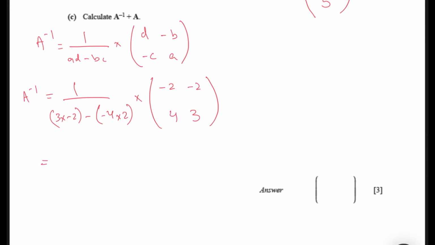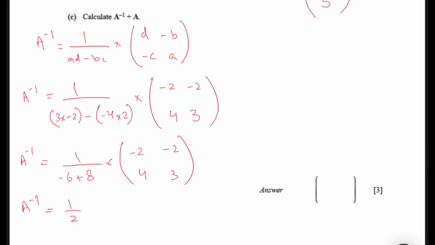So let's find the determinant as well. So you get 3 times negative 2 gives you negative 6. Negative 6 plus 8 multiplied by negative 2, 4 and 3. Okay, what do we get here? So we get the inverse, which is 1 over 2 being multiplied by this matrix.